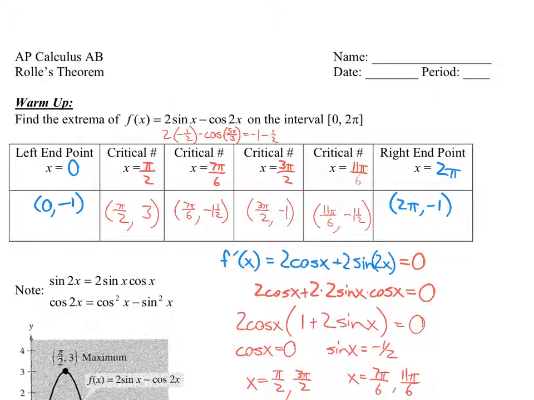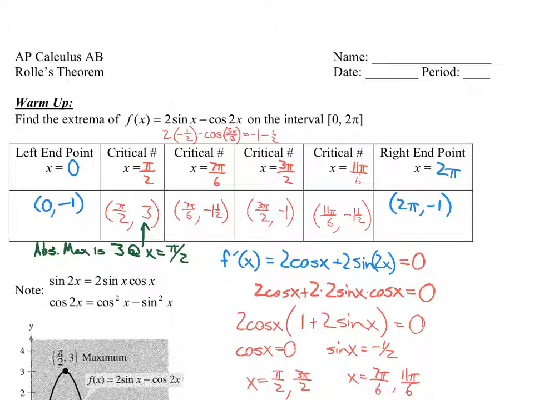The max is 3. The absolute max is 3, and it occurs at x equals pi over 2. So that's one thing that we're looking for.